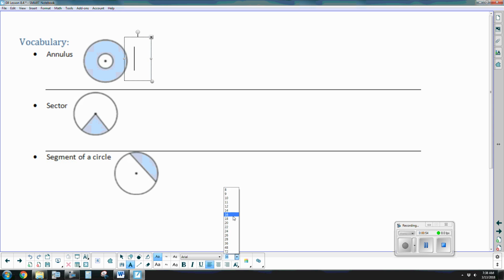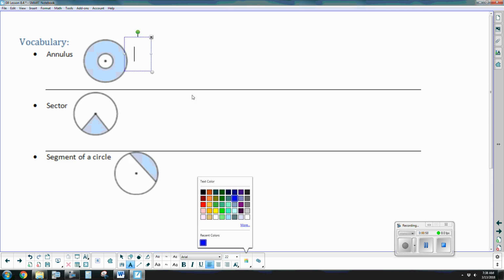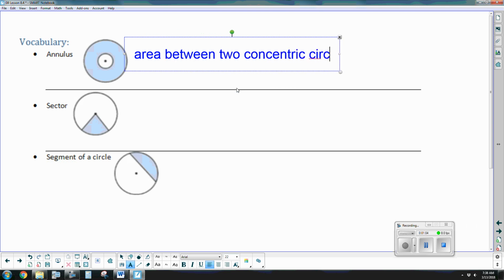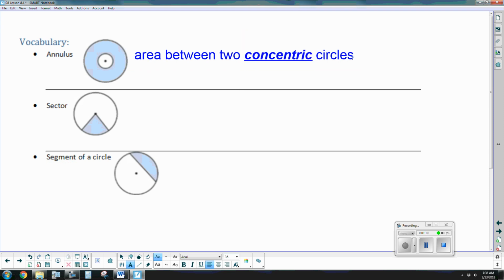So you have to think back to some of your key terms from last semester. And this word concentric, that means 2 circles that share a center.